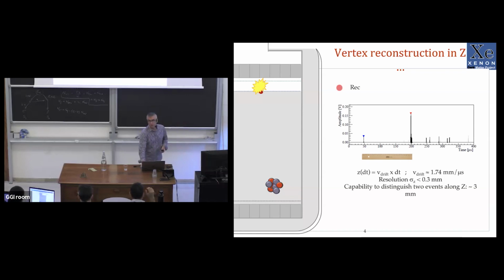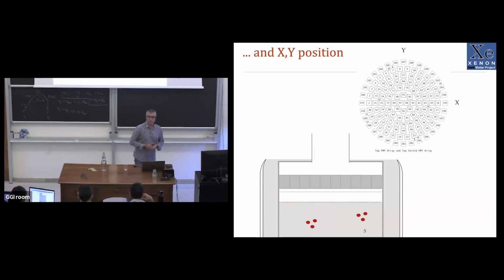What about the other coordinates, the ones orthogonal to the vertical? They can be reconstructed if you make your photosensor array properly. For instance, having many small photosensors, then you can reconstruct the center of gravity of the light detected.